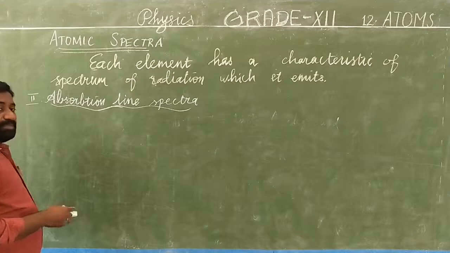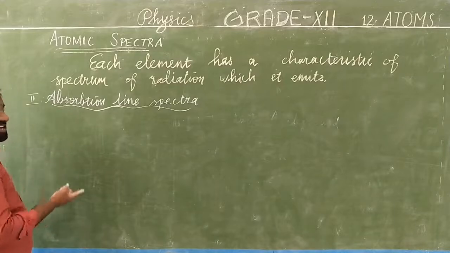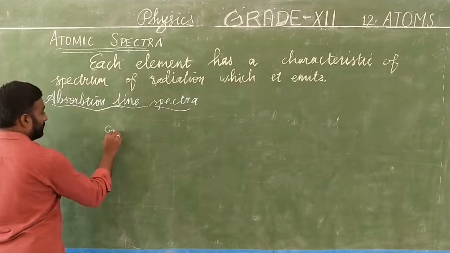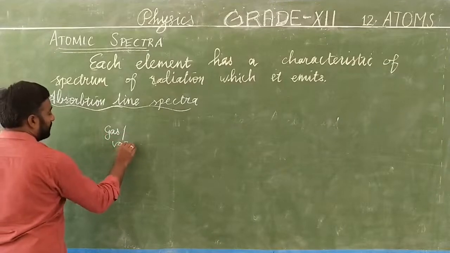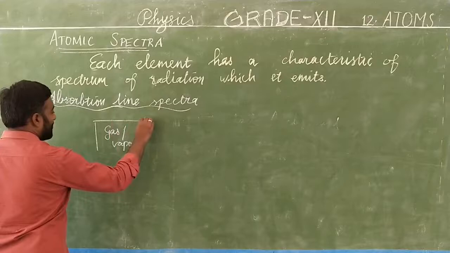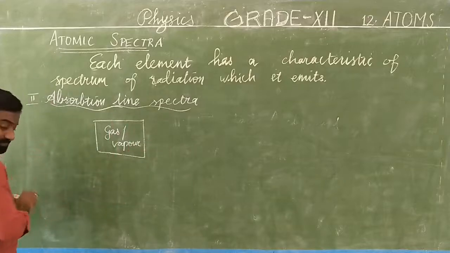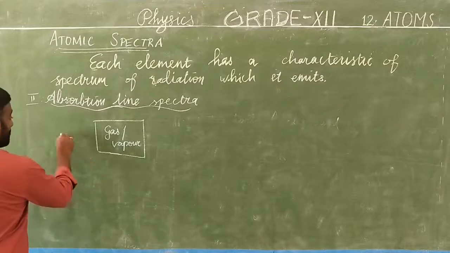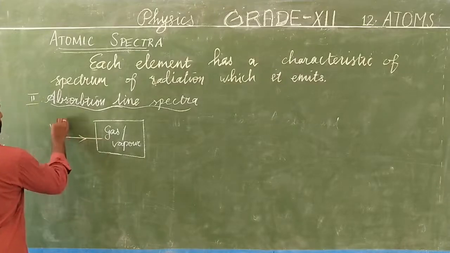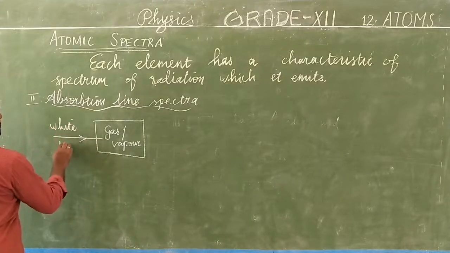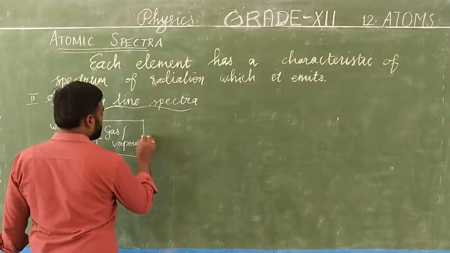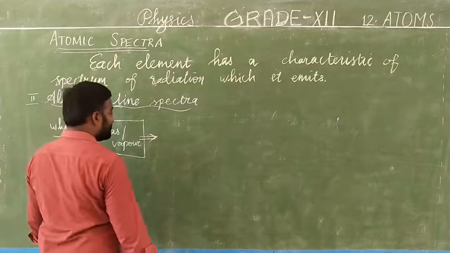Same method, but we are not passing an electric current through it, we are passing a white light. So take a gas or a vapor, and to the gas or vapor, you pass a white light. By passing a white light through this atomic gas or vapor, it has some spectrum.